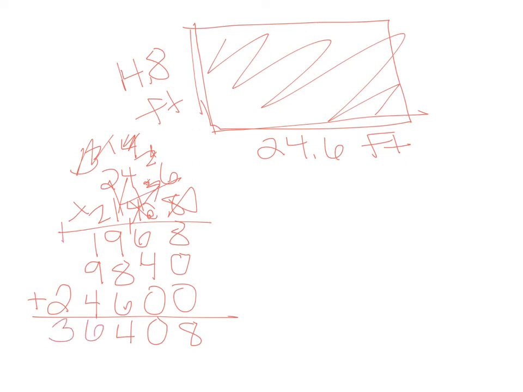Now, people tend to want to just bring the decimal point down because they're lined up, but remember we're multiplying. In multiplication, we don't just bring the decimal down. We have to see how many places were behind the decimals in the original problem, and that was 2.